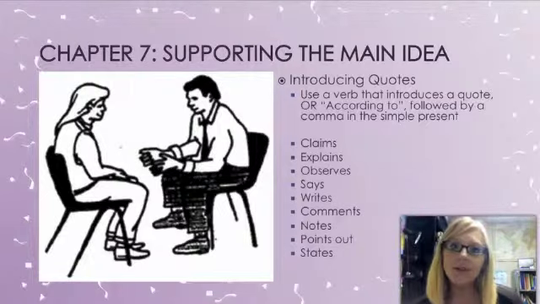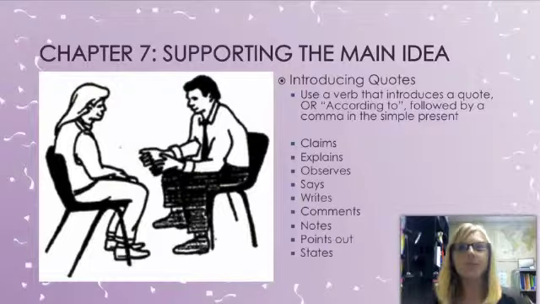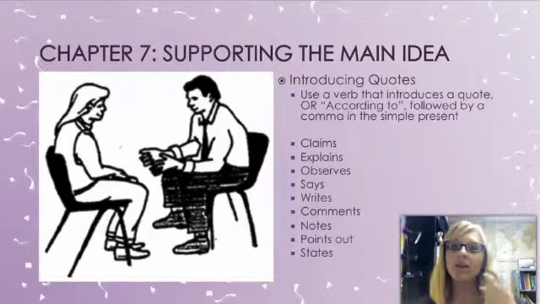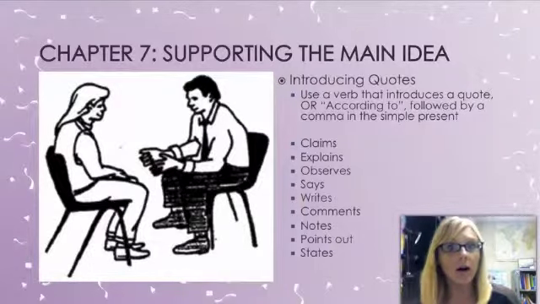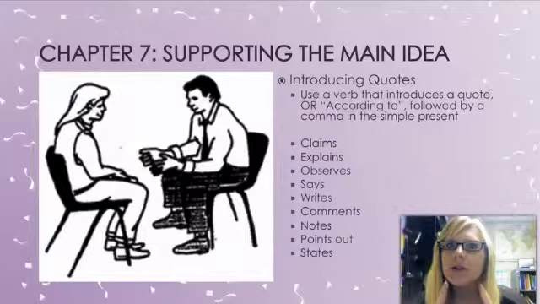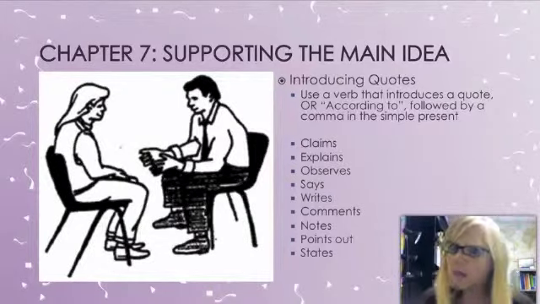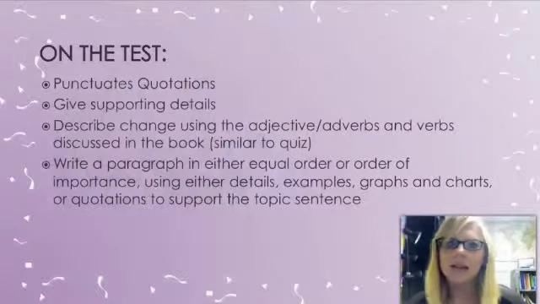Now your book gave you a list of several verbs, which I have listed over here, down here. And I want you to remember when you are using these that you are also using them in the simple present unless you have a date in your introductory phrase, which probably will not happen for this test.